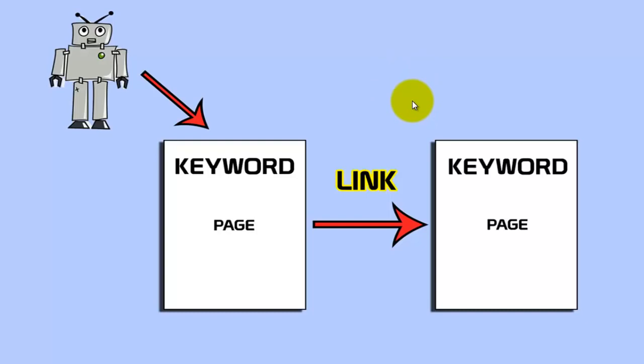So basically that's what the robots do, and they perform the same action over and over again and basically navigate throughout the web just trying to find new content so they can index it inside of Google listings.